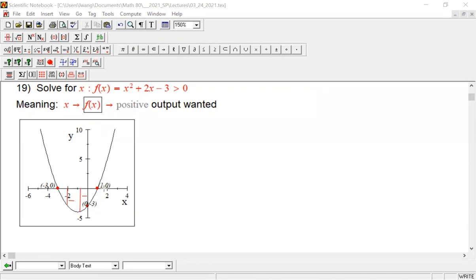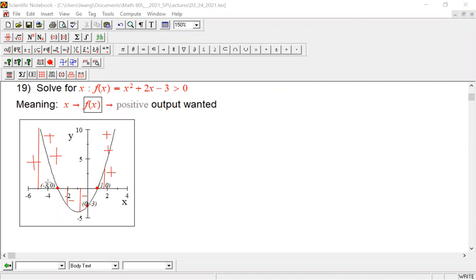For another input here, the output is positive. Do you get the hang of it? The part of the curve that's above the x-axis indicates positive output.